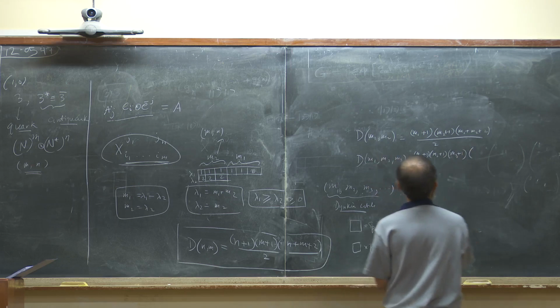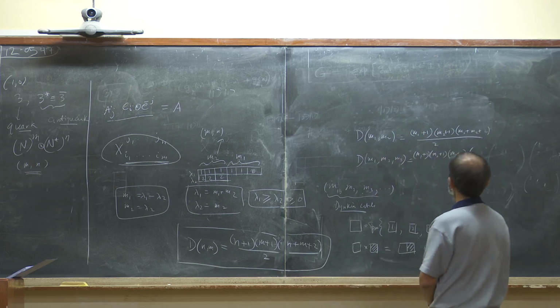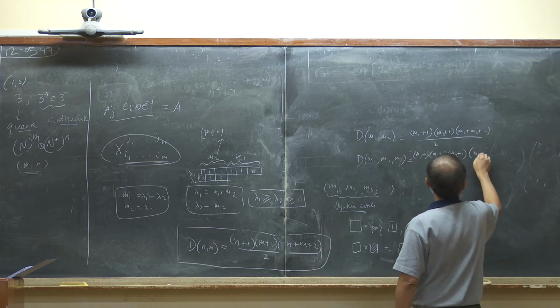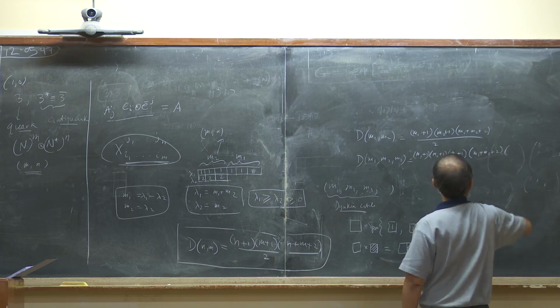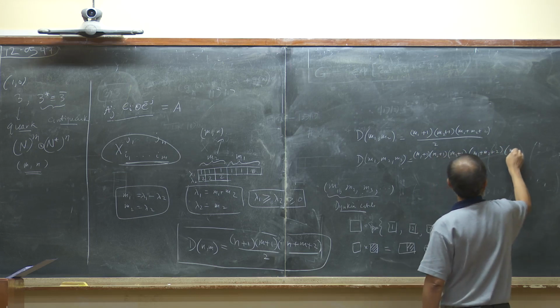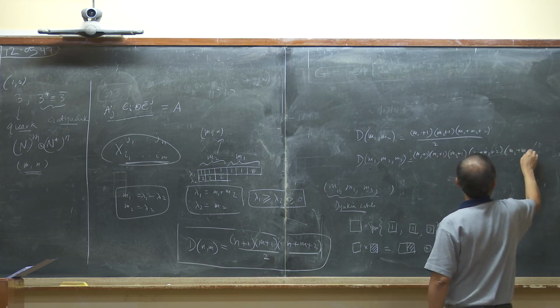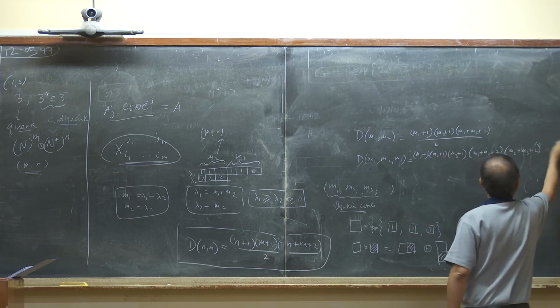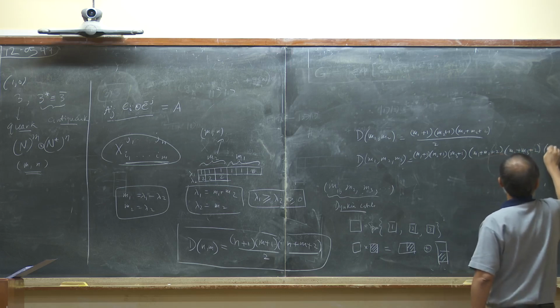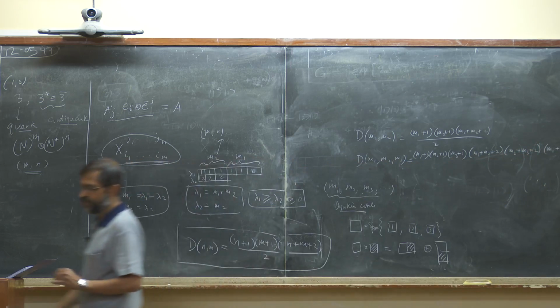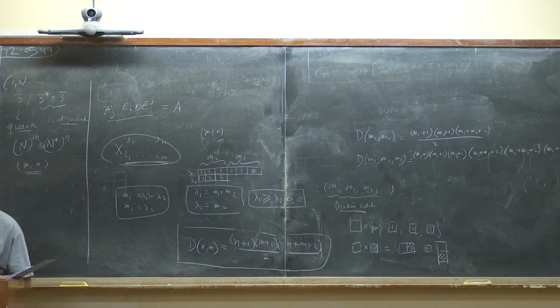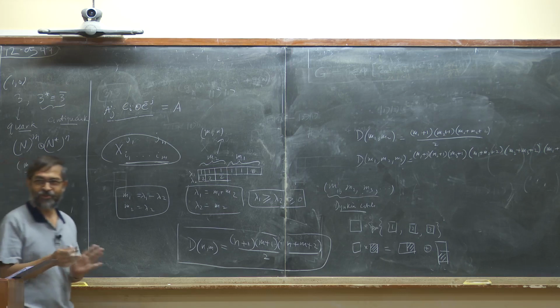Next, look at this. Plus M2 plus M3 plus 3. No, first you will have these also. Oh, I see. M1 plus M2 plus 2, M2 plus M3 plus 2, and then this other one. There is no complete symmetry between M1, M2 and M3.